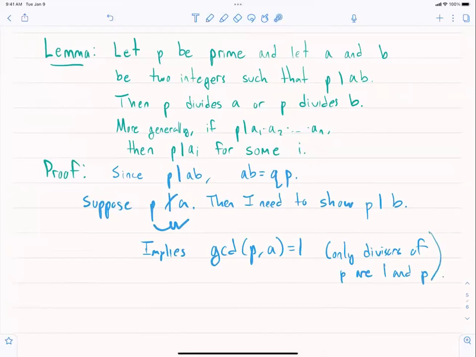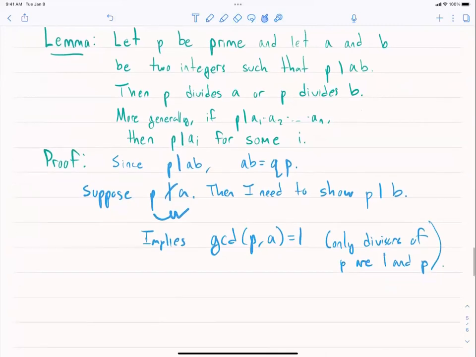The GCD of p and a is a divisor of p and a divisor of a. If it's a divisor of p, it has to be either 1 or p. It's also a divisor of a, and I just said p doesn't divide a, so it can't be p. So it has to be 1. Good. So the GCD of p and a is equal to 1.